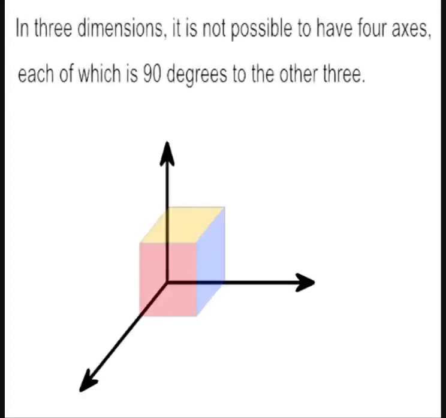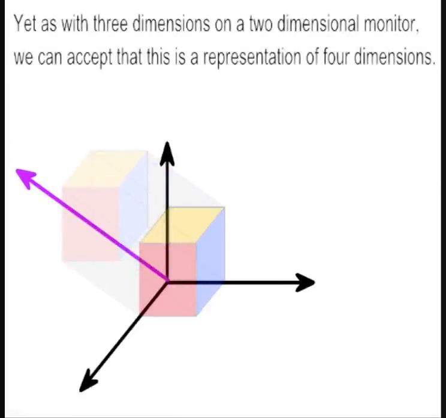In 3 dimensions, it is not possible to have 4 axes, each of which is 90 degrees to the other 3. Yet as with 3 dimensions on a 2-dimensional monitor, we can accept that this is a representation of 4 dimensions.